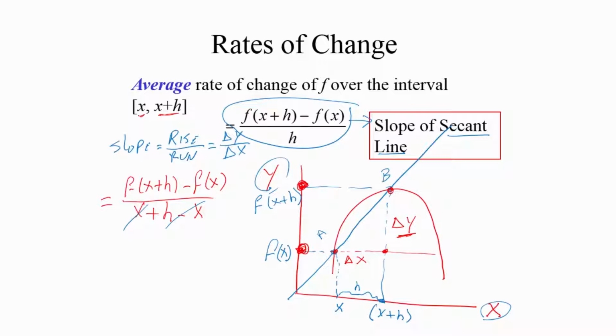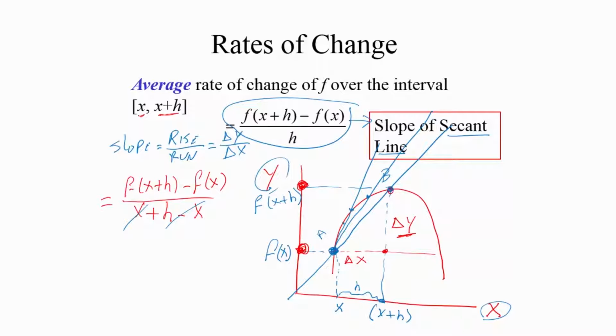Now, let's go back to the picture. If you hold point A constant and bring point B closer to point A, bring it to here and then have a secant line, bring it to here and another secant line, bring it to here, and so on and so forth.